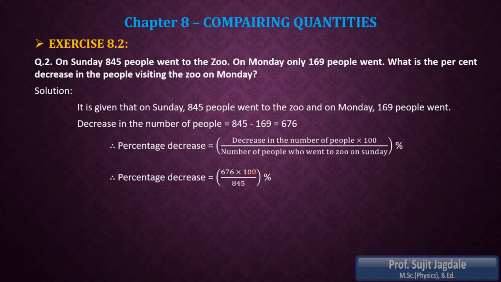First we divide 100 by 5, which gives 20, and 845 by 5 gives 169. Then 676 upon 169 is 4, because if we divide by 13 twice, we get 4 as the quotient. Then we get the final product 4 into 20, which equals 80%. So 80% is the final percentage decrease.